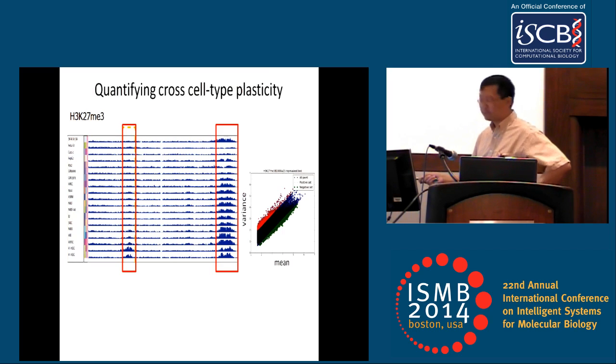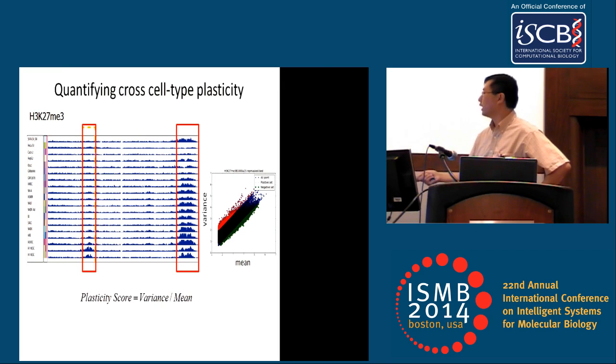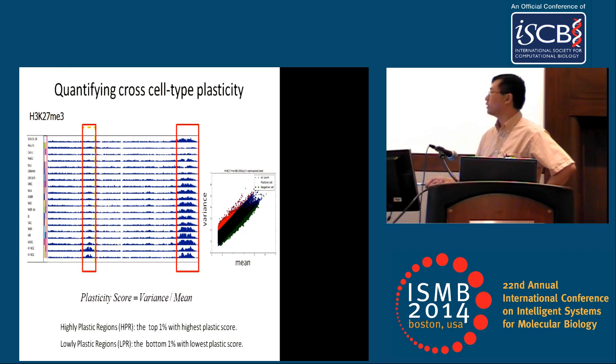So what you really need to do is take that correlation into account and define a score we call the IOD, index of dispersion. Here we use that as a plasticity score. From that, we define two types of regions: the highly plastic regions, which have the highest scores, and the low plastic regions, which have the lowest scores. The main focus is on the HPRs, the highly plastic regions.